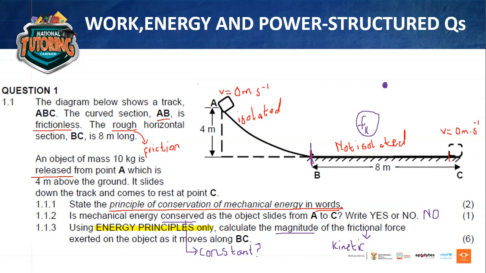The object is moving. Now, what are the forces that are acting? Firstly, the object is attracted towards the center of the earth, and that force is the force of gravity. The object is on a surface. Remember, our forces must be straight, so let me do my best to draw it straight.